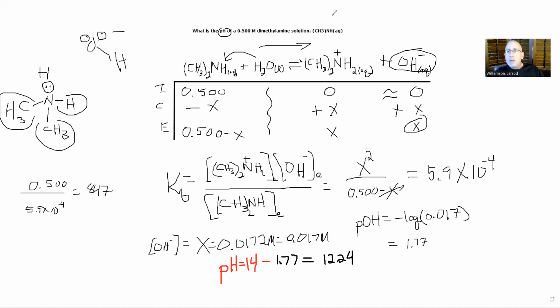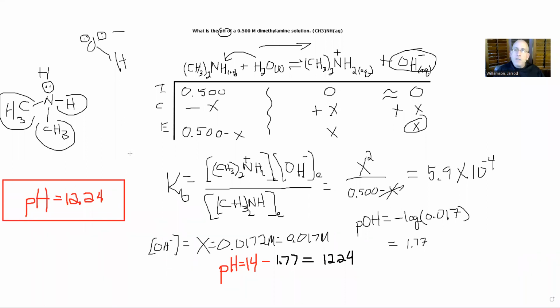So for this problem, I end up with the pH of this solution being equal to 12.24. What did I say before? I don't remember what I said before, but it's 12.24. And that's how you do those.